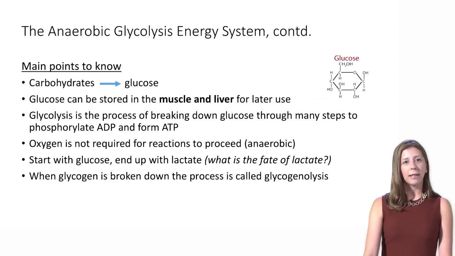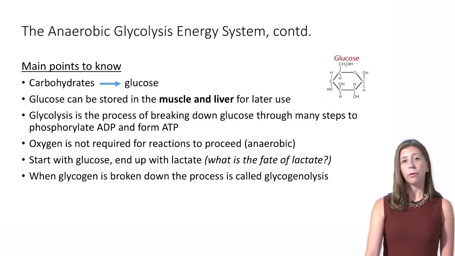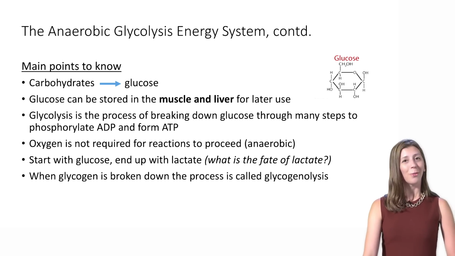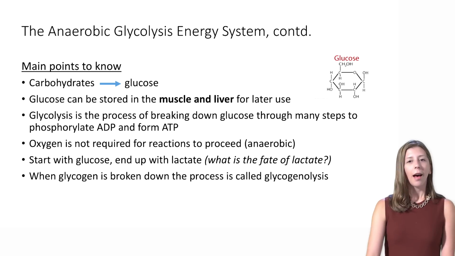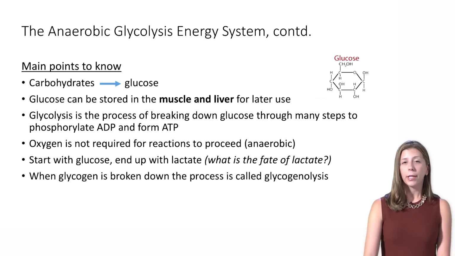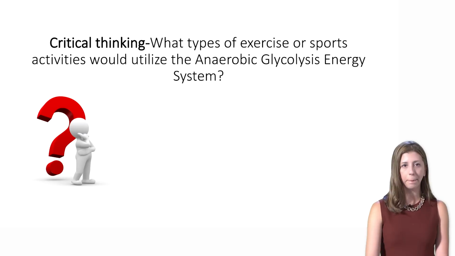So when I'm teaching you guys this, yes, primarily a lot of these pathways can be distinguished by presence of oxygen. But in the case of lactate, that's an example where you can have no oxygen present or oxygen present and able for it to go through aerobic metabolism. And then when glycogen is broken down, that process is known as glycogenolysis. So you will certainly see those terms in your textbook.